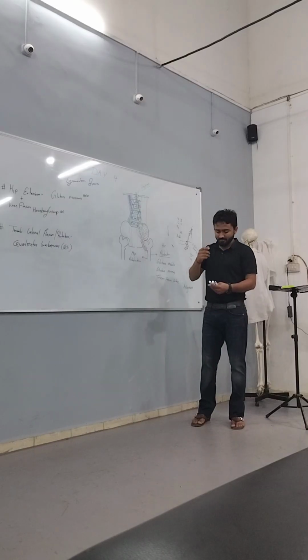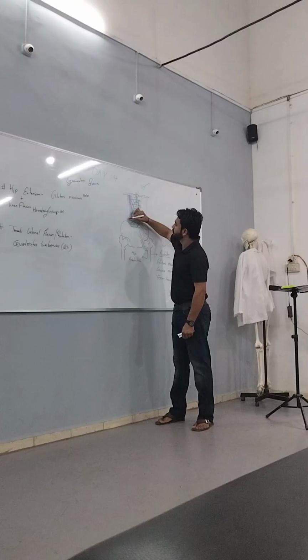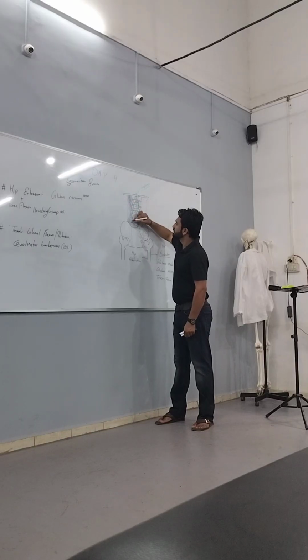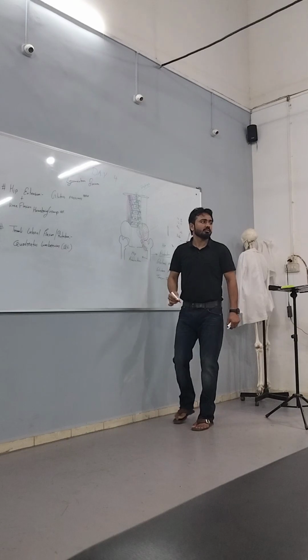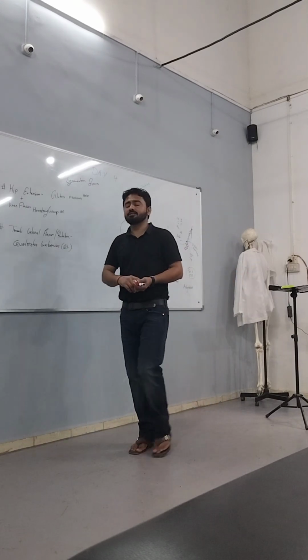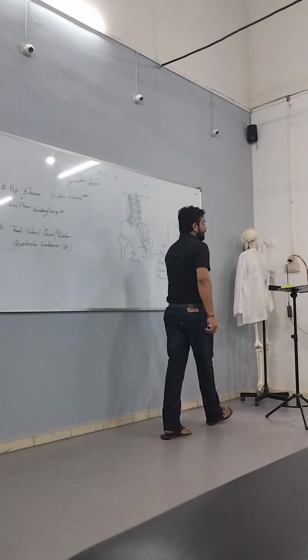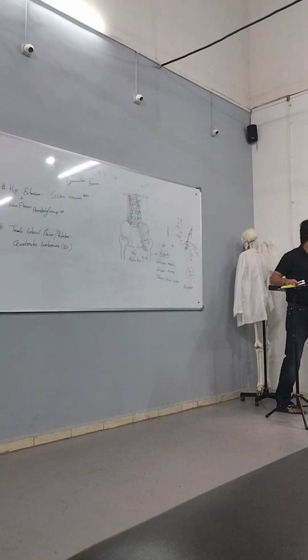The third one is going from your iliac directly to your rib, like this. Origin is your iliac, and insertion is your floating rib, the T12 rib. This one is the third filament.